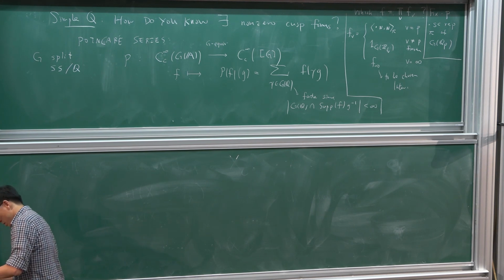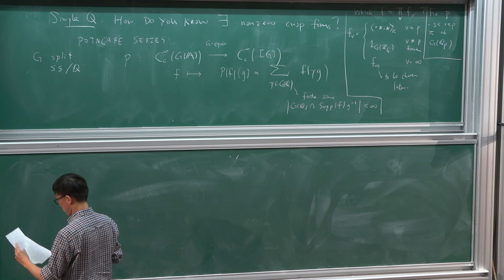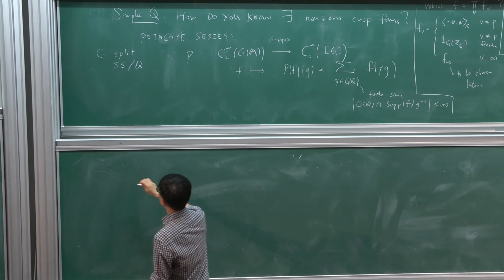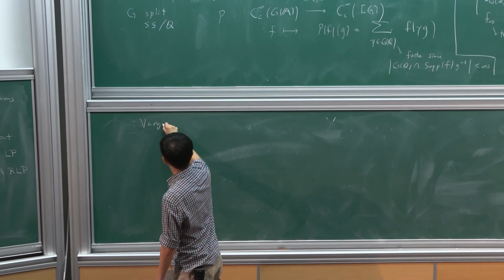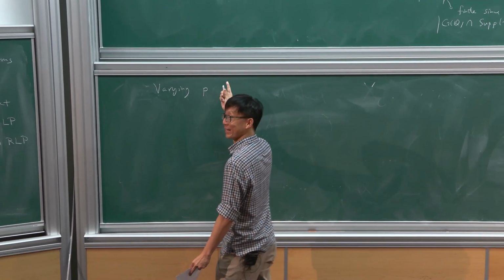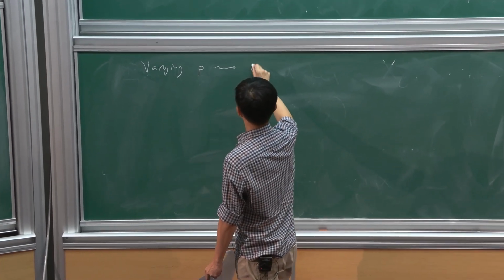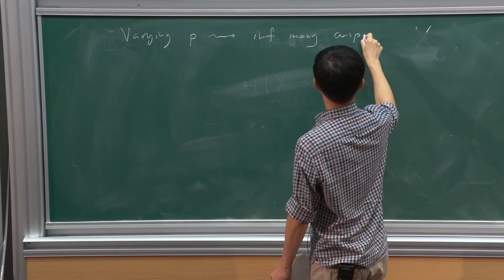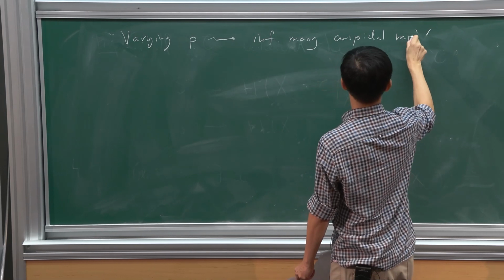Okay, so now, as we say, this leads to the following question. By the way, I want to say that if you vary P, we choose a P, then you're going to get infinitely many cuspidal representations.